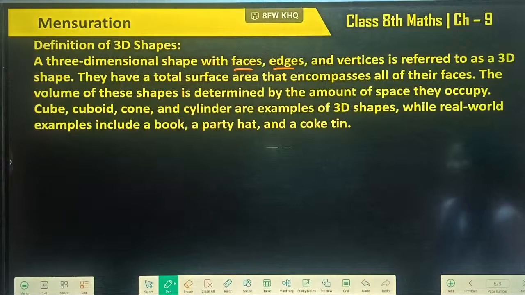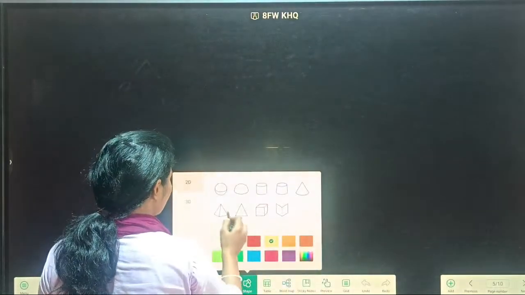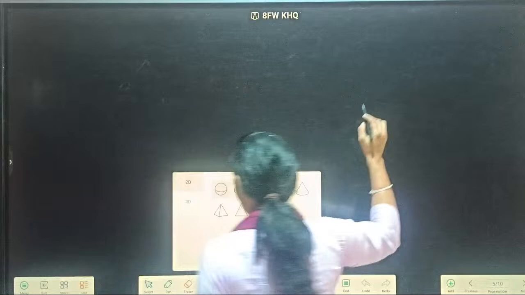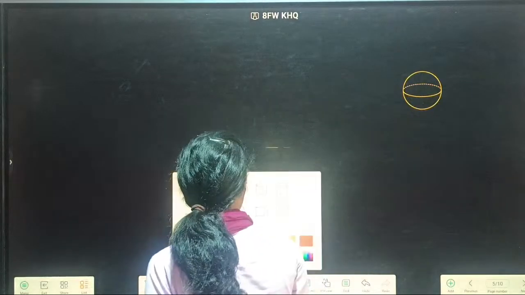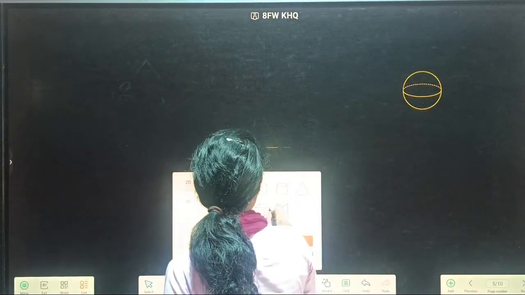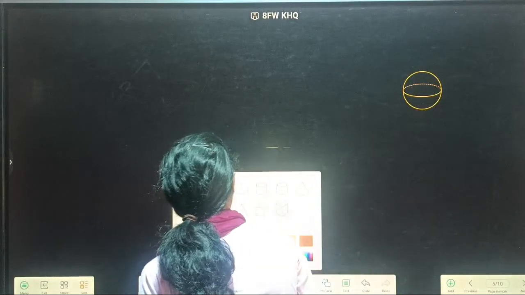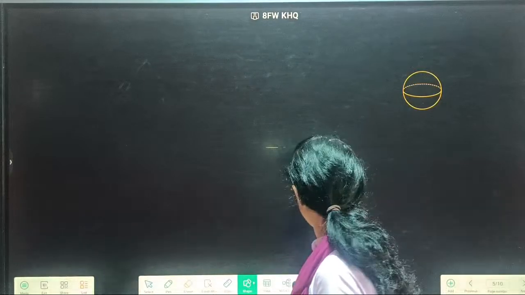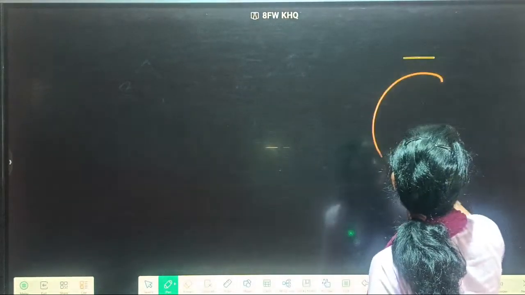Next 2D shape is circle. Draw one circle.